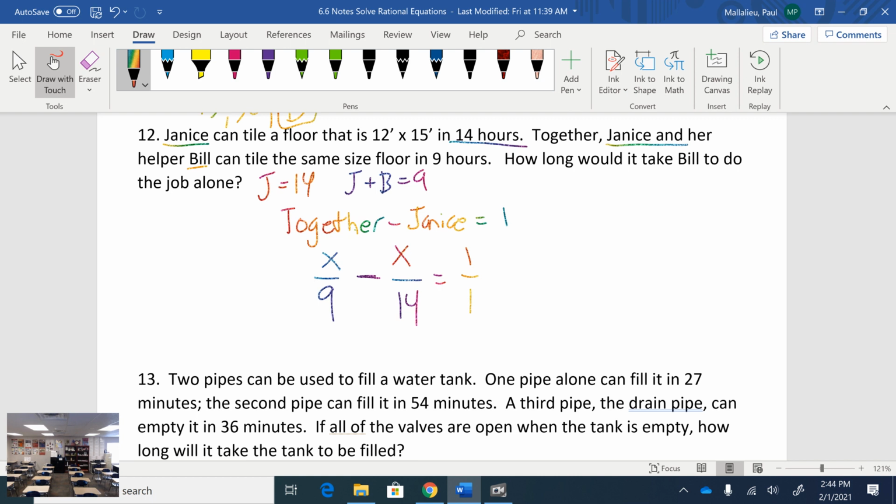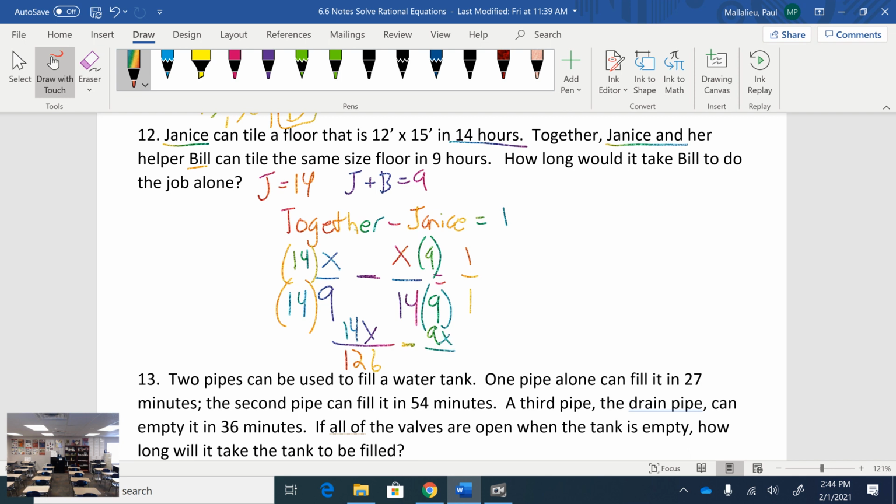Now with 9 and 14, you are trying to find multiples, and instead of writing all of them out, because I would end up getting up to 9 times 14, I'm just going to multiply one by the other. So if we multiply this by 14, and the second fraction by 9, that gives us a common denominator, and because we've looked at it, we know that is our least common denominator, which gives us 14x up top over 126.